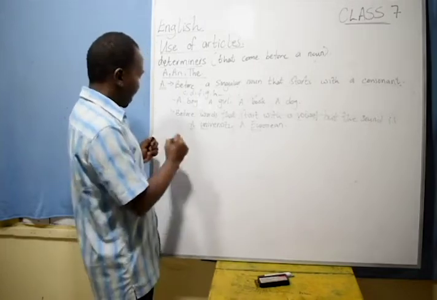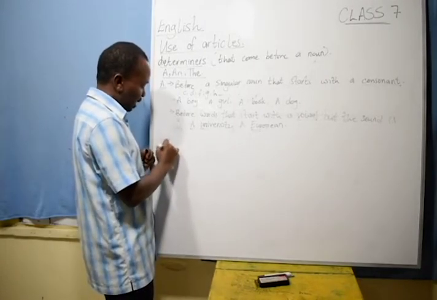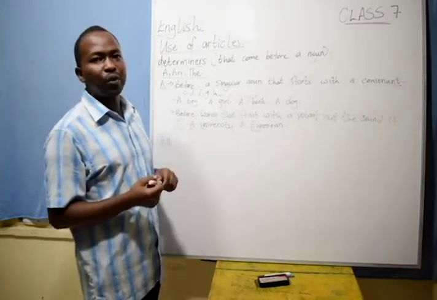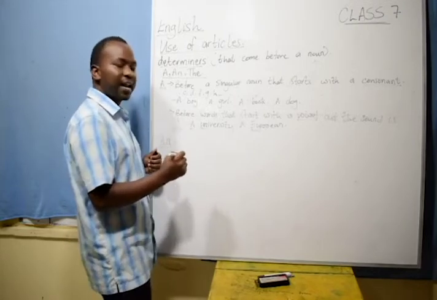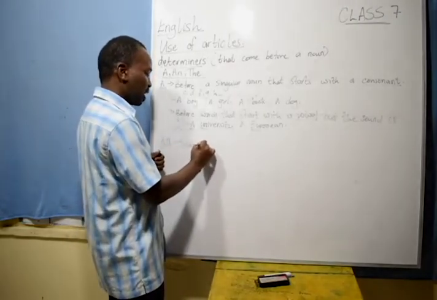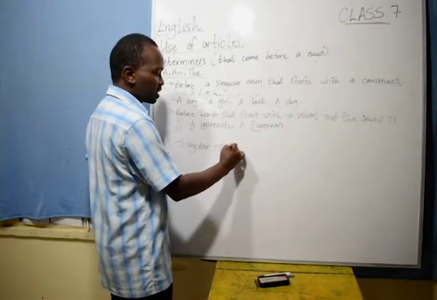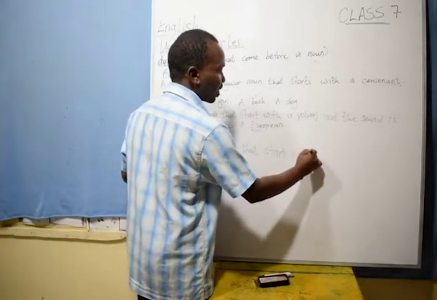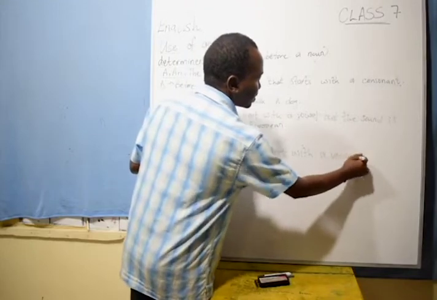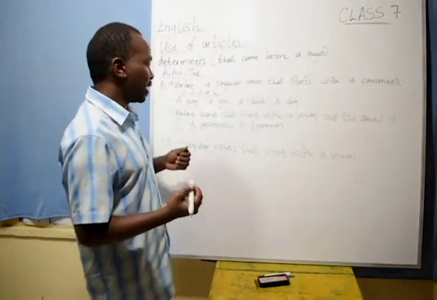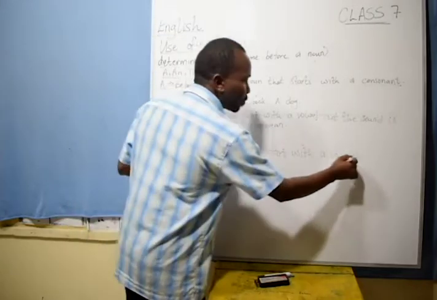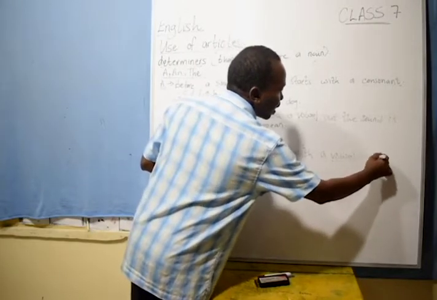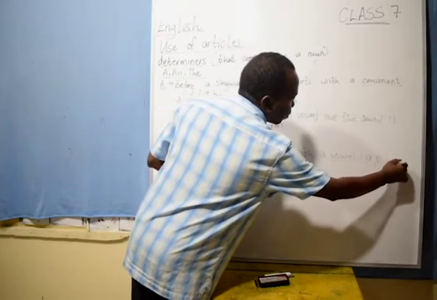The other article we have is article an. Article an is used in a very simple way. One, it is used with singular nouns that start with a vowel. We can remind ourselves, which are the examples of vowels? Someone said a, e, i, o, u.